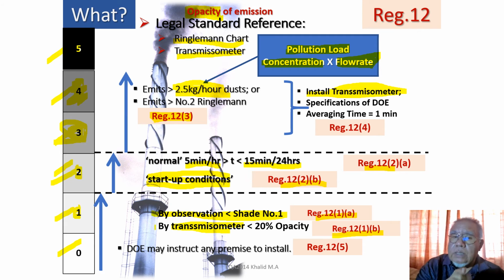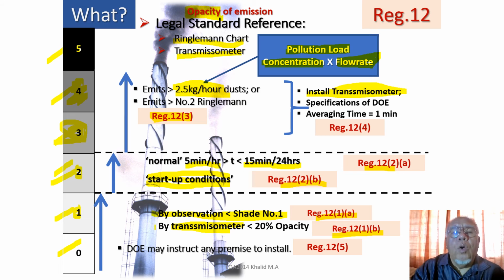So back to this, remember, your contractor can measure for the dust load. So when the opacity is more than 2, 3, 4 and above, automatic, your contractor got to come and take sample and calculate the dust load by measuring concentration and flow rate. Got it? Boleh follow, simple, isn't it?